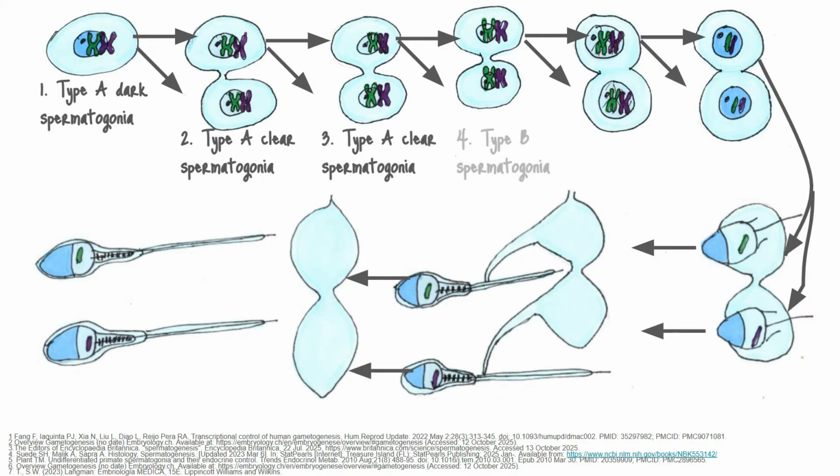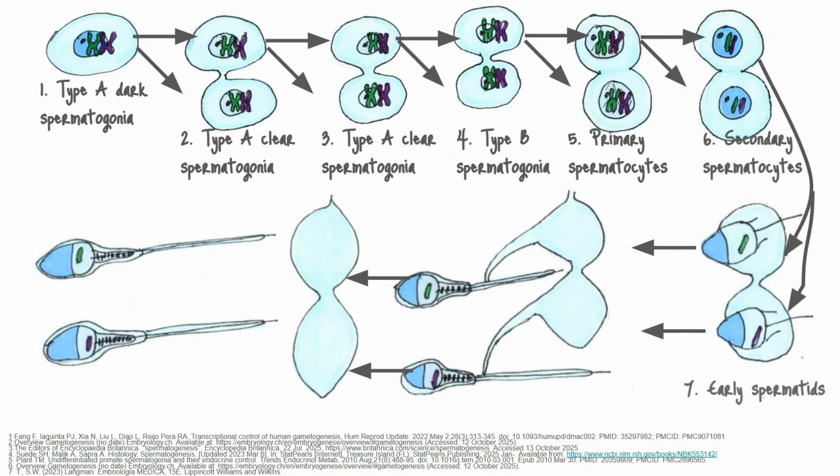Then they become type B spermatogonia, which will differentiate into primary spermatocytes that will go through meiosis 1. Then the secondary spermatocytes will have meiosis 2 and become early spermatids, which will gradually transform into spermatozoids by shedding most of the cytoplasm as residual bodies, forming the midpiece, the tail, and the head.